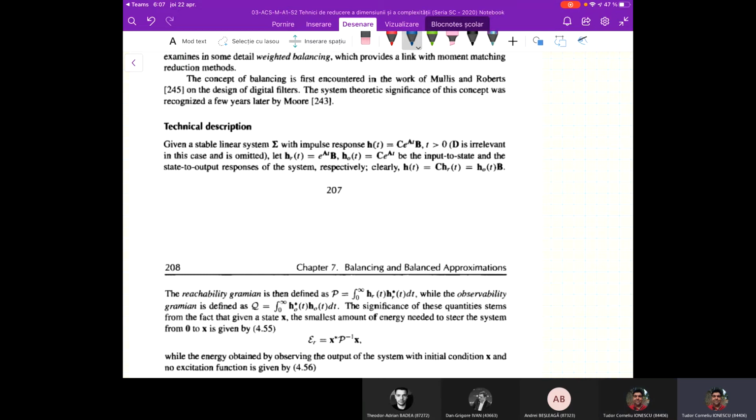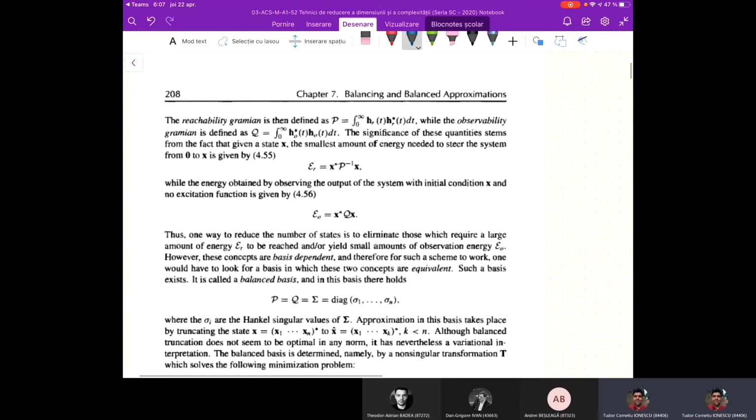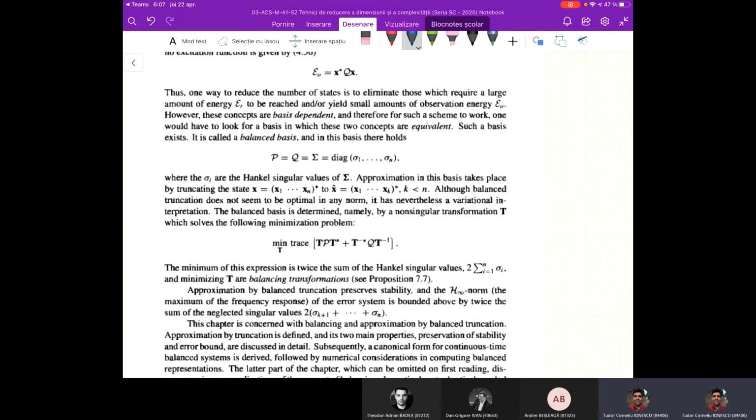It's explained here how the approximation goes, and there is also a discussion about the Gramians: R from reachability, O from observability. It's explained where they come from, and then the balancing property is explained.